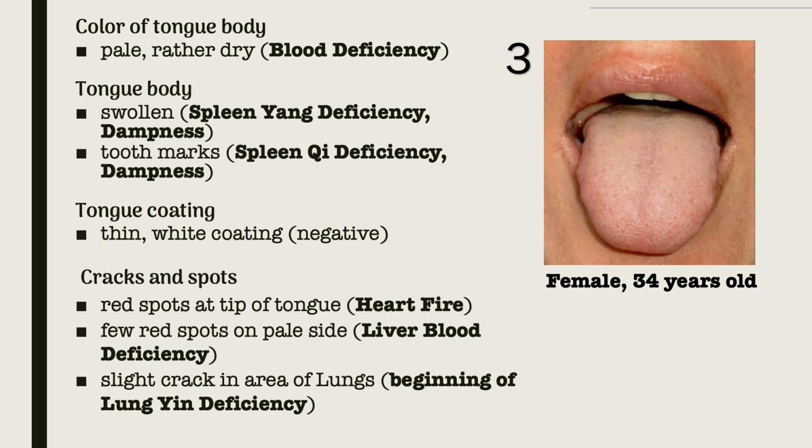Notice the red spots at the tip of the tongue. This is heart fire. There are also a few red spots on the pale sides. Liver blood deficiency. The slight crack in the area of the lungs, that's the front third, there is beginning of lung yin deficiency.